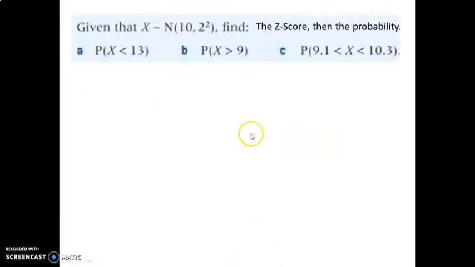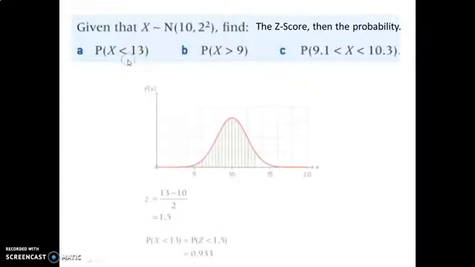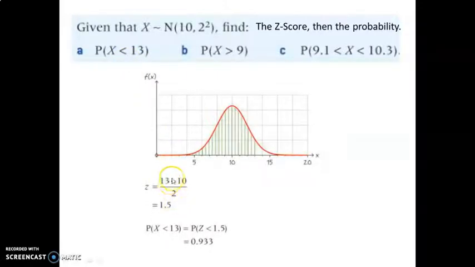Given this distribution here, find the z-score and then the probability of each of these. For that one, if you convert to a z-score, you get 1.5, and the probability works out to 0.933. Notice here it shows probability less than 13 from the original data, and also probability less than 1.5 for the standardized curve.